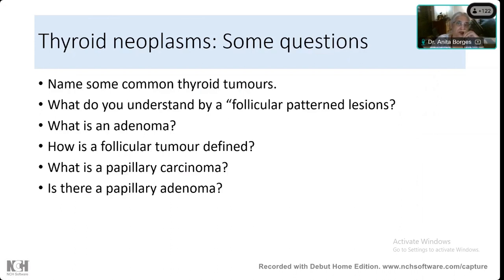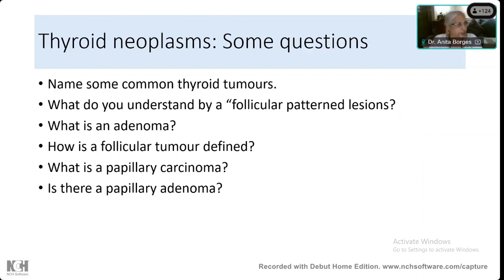Deepak, we're talking about follicular patterned lesions, yes? Encapsulated follicular patterned lesions. What do you understand by a follicular patterned lesion? Follicular pattern lesion mainly is a lesion whose architecture or pattern is follicular type.